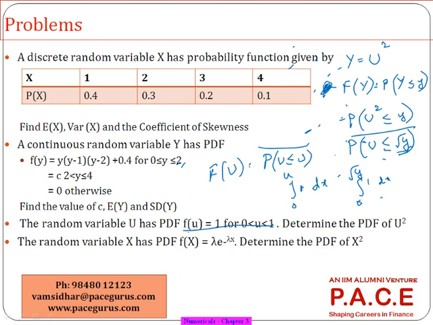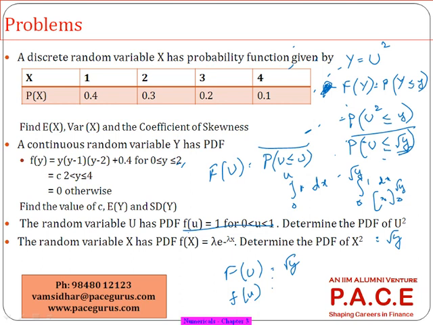Which is nothing but x, integrated between root y and 0, which will end up as square root of y. So my F of u squared is nothing but square root of y. But I want not the cumulative distribution but the probability density function.